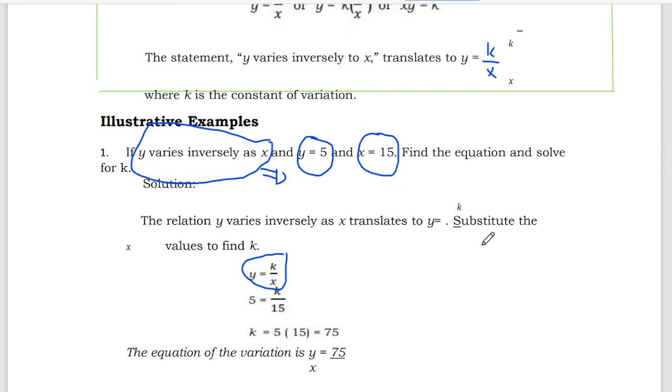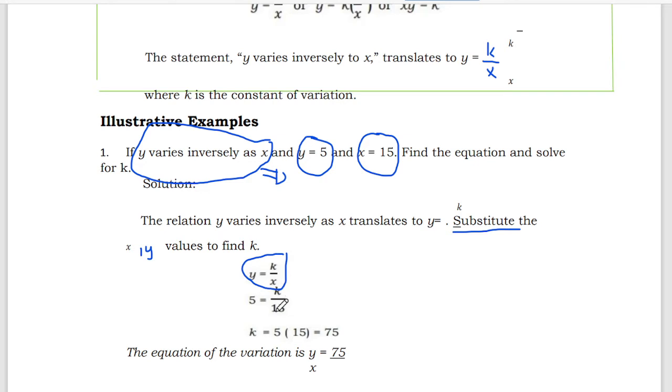So substituting the values of x and y to find k, we have 5 equals k over 15, where k is unknown because we're still solving for k.